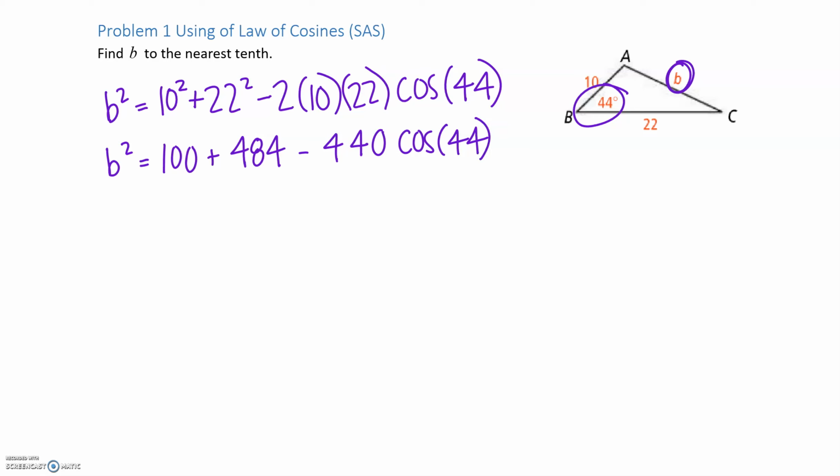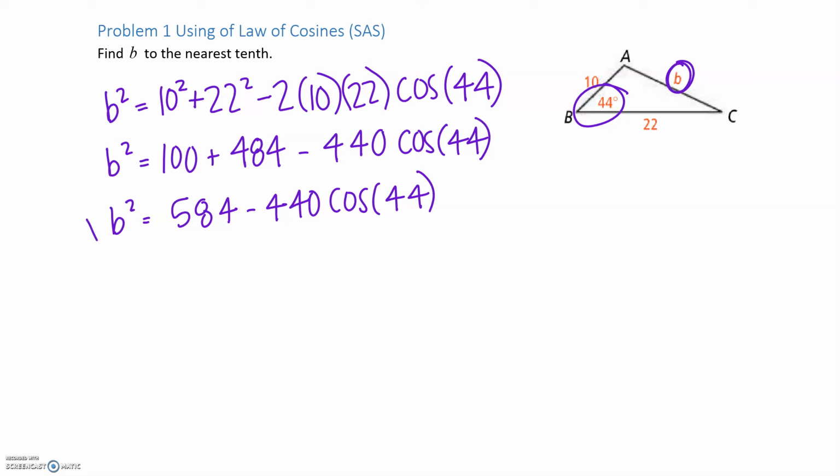So b squared equals 100 plus 484 is 584 minus 440 cosine of 44.